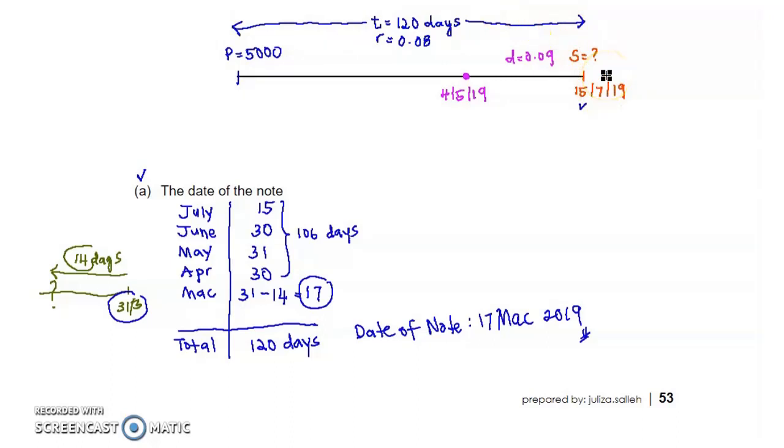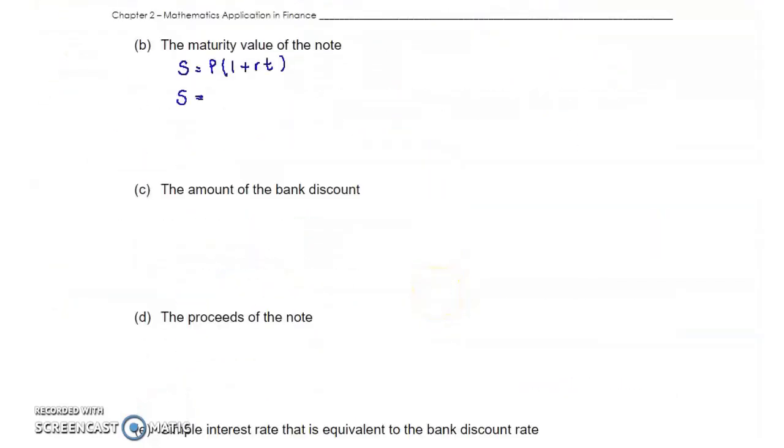So date of note here, just now we get 17 March. So RT use this one. So T equal to 120. 5,000 multiply 1 plus 0.08. T is 120. Banker's rule divided by 360.